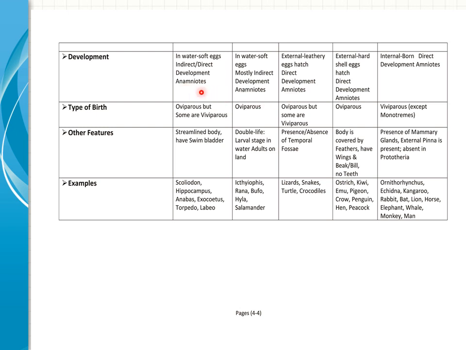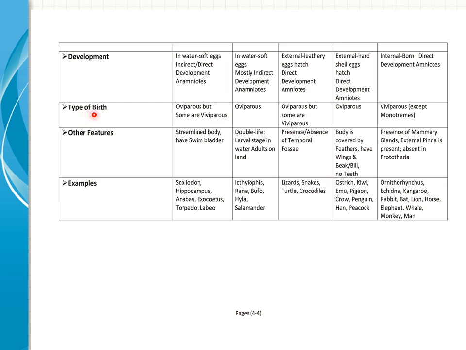If they lack the extra embryonic membranes surrounding the developing embryo, like amnion, chorion, allantois, and yolk sac, they are categorized as anamniotes. And if they possess these extra embryonic membranes, they are termed as amniotes. Fishes and amphibians are anamniotes. Reptiles, birds, and mammals are amniotes.